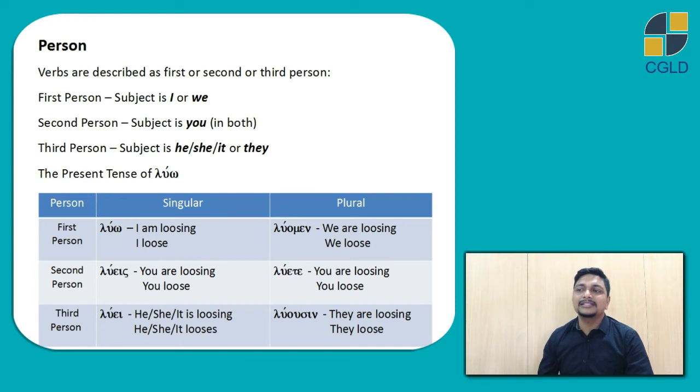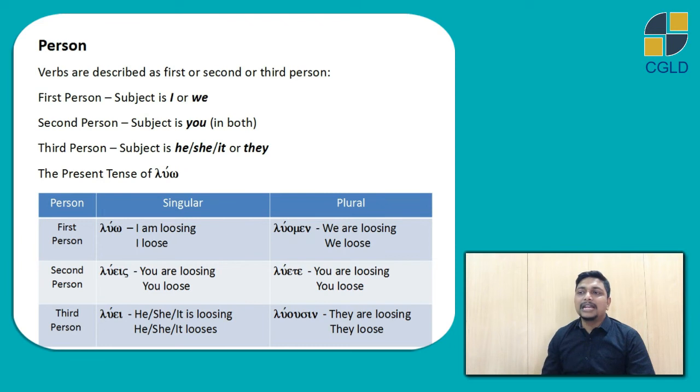So you notice that second person singular and plural are written in different ways. The endings are different, and I'm going to explain in a while how we notice and understand the endings. What are endings? Endings in Greek are very important. You need to know how to identify the endings in Greek.